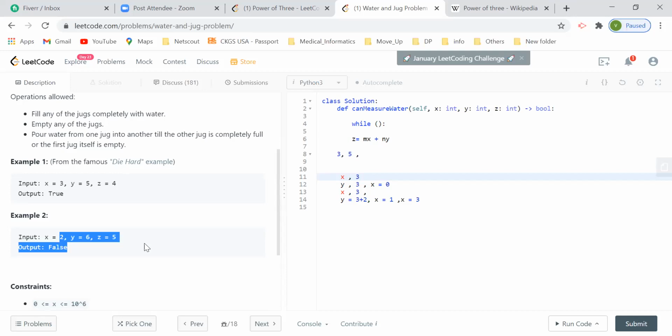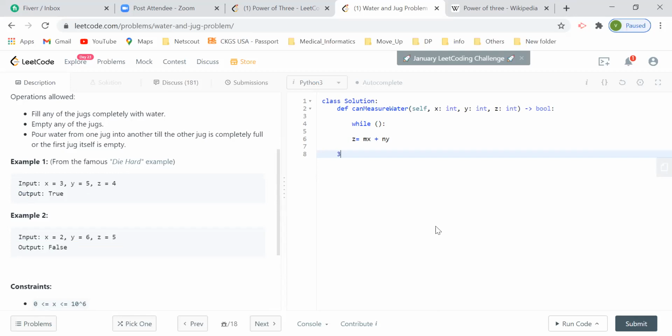Even if I want you to measure 5 or 6 or 7 or 8, you name it, you just need to do the exact same thing with x and y. x equal to 3 can measure 3, 6, 9, all multiples of 3. It can measure all multiples of 5.